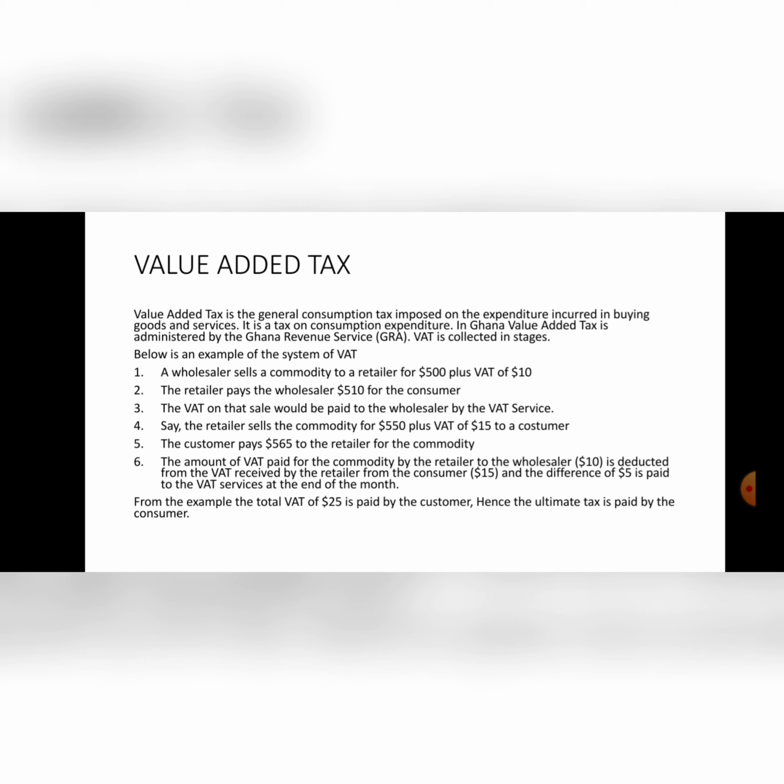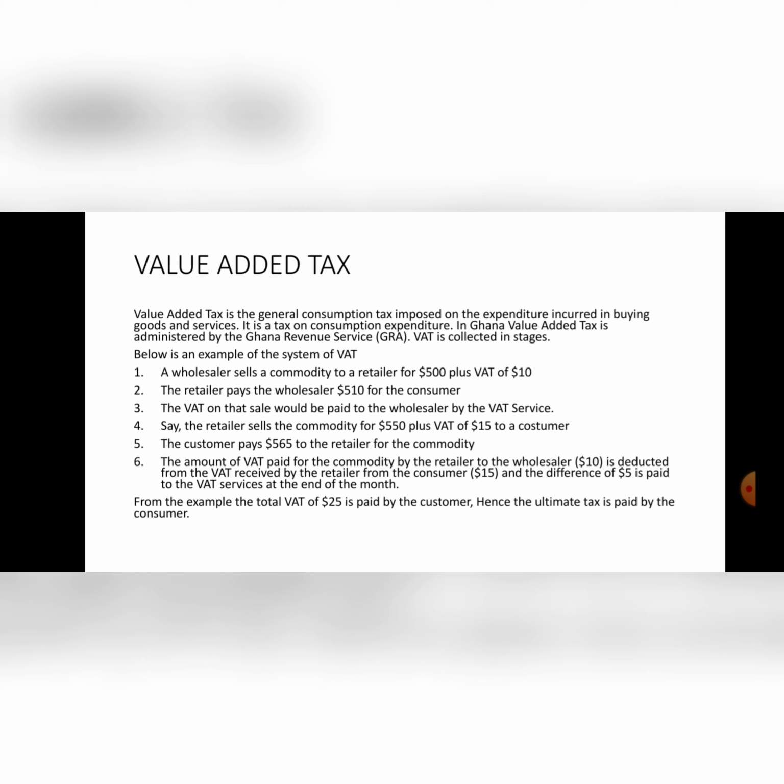Say the retailer sells the commodity for $550 plus VAT of $15 to a customer. The customer pays $565 to the retailer for the commodity. The amount of VAT paid by the retailer to the wholesaler, that's $10, is deducted from the VAT received by the retailer from the consumer, that is $15, and the difference of $5 is paid to the VAT service at the end of the month.